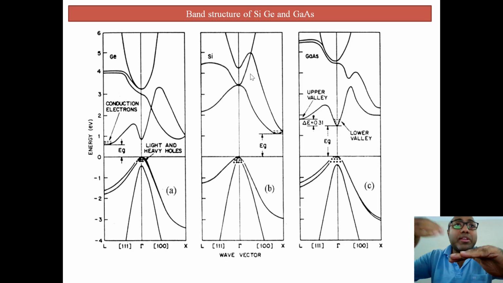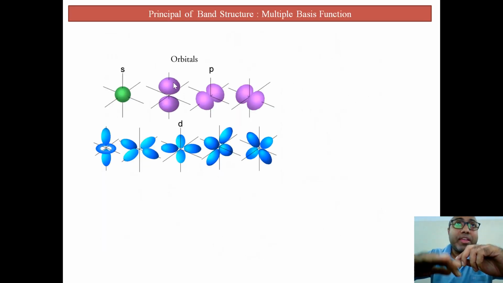This is kind of the orbital, like s, p. This is a different p orbital. S is symmetric, while p is usually not symmetric. So px, py, pz, and similarly d orbitals, f orbitals, all kinds of orbitals are there. Based on your problem, we have to choose the basis functions.